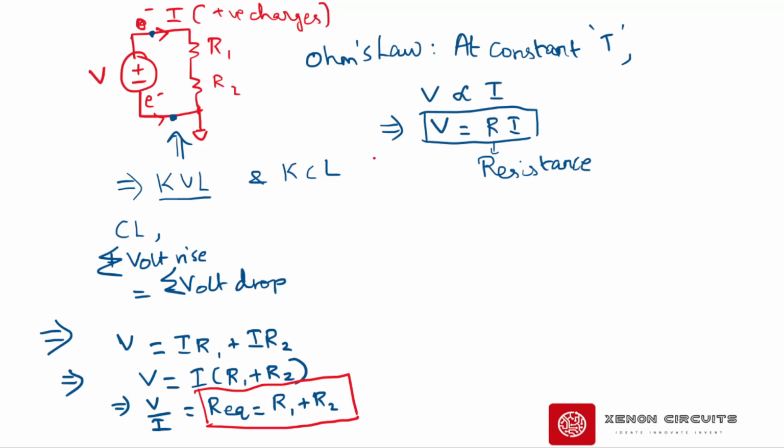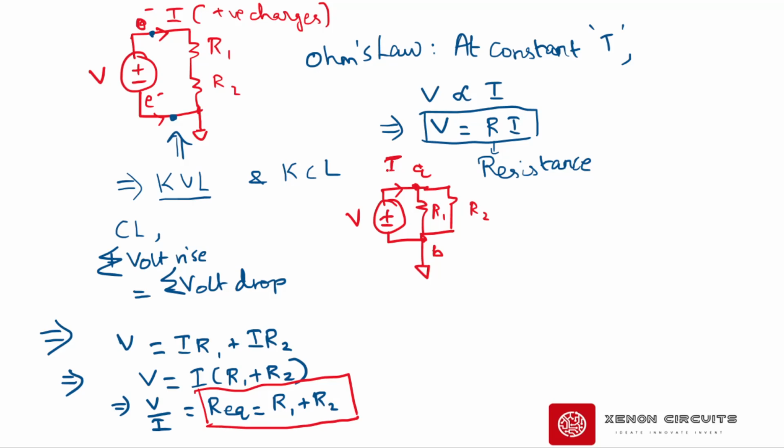Similarly, if two resistors are connected in parallel, if two elements are connected in parallel, then both the terminals should be connected to each other. Only then we call it parallel. So you can see that the terminals A and B of both R1 and R2 are connected across each other, and also to this battery with supply voltage of V and current I, right?